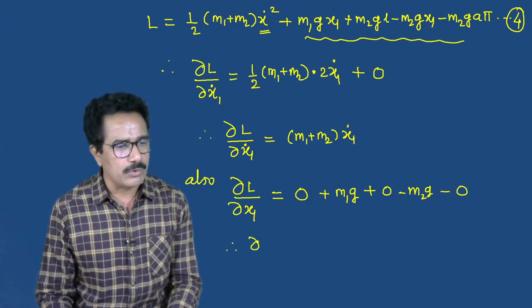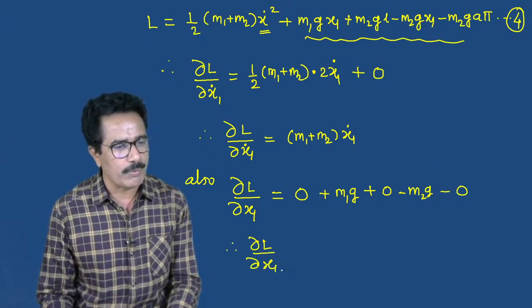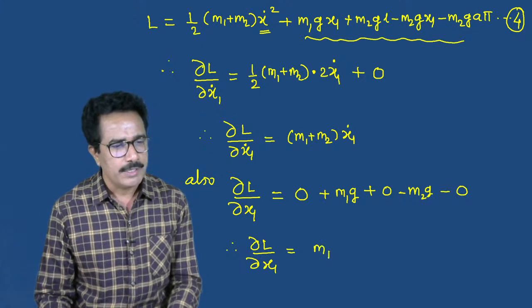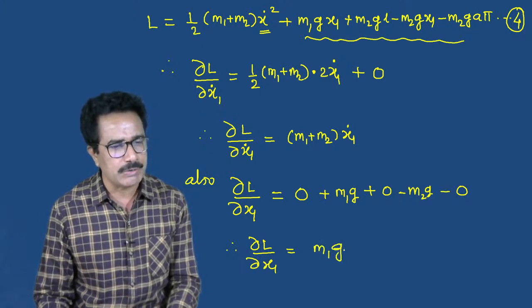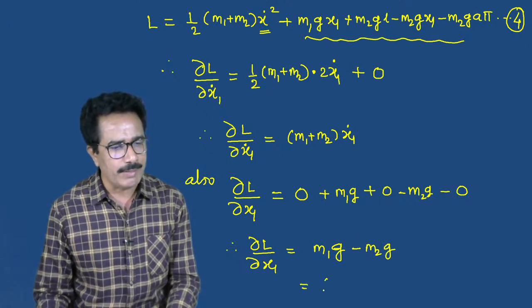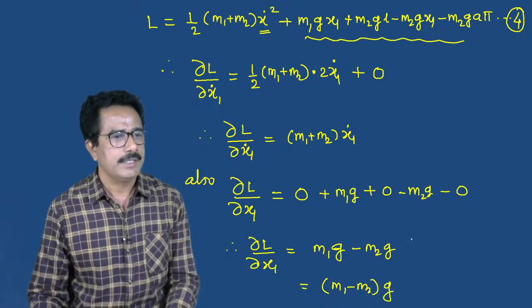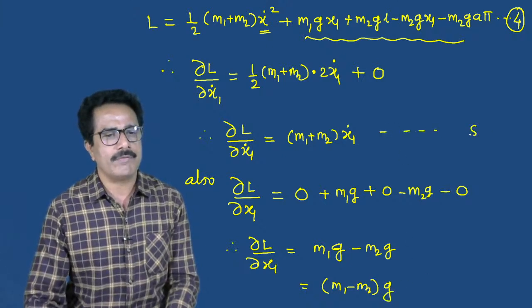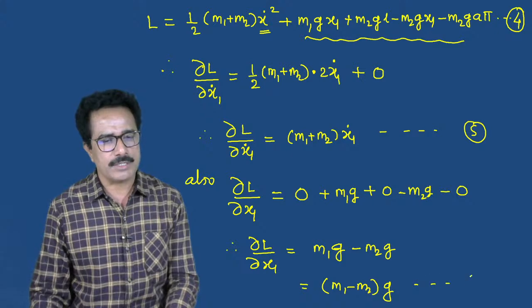So we get dou L by dou x1 which is equal to m1 g minus m2 g, which is given by (m1 minus m2) g. Suppose this is equation number 5, this is equation number 6.